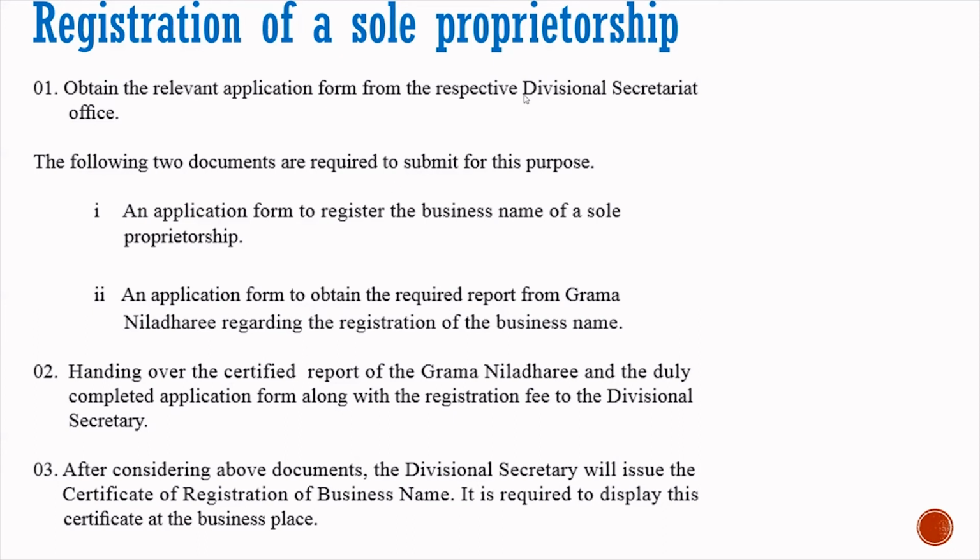So application is taken from the divisional secretariat. You need to have two documents, one to register the business name and the other is to take a report from the Grama Niladhari regarding the registration.